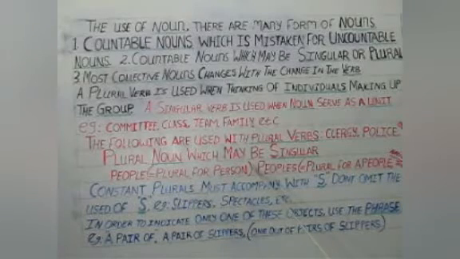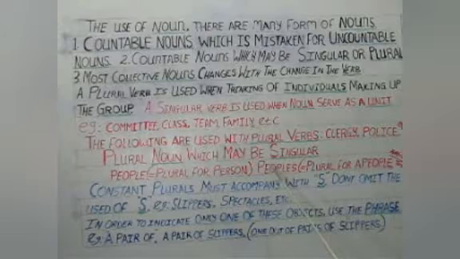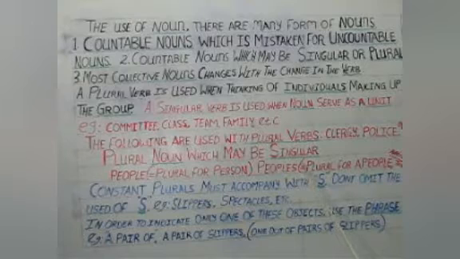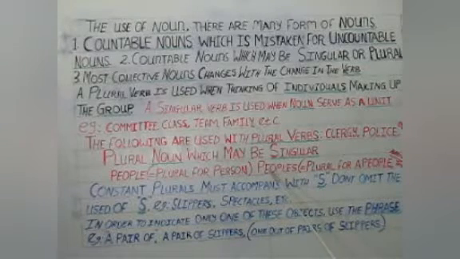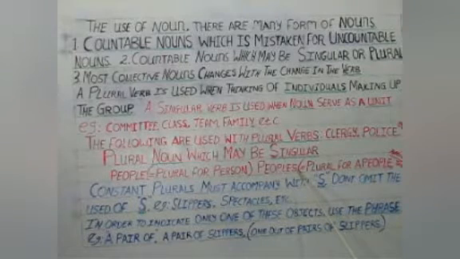For a person, the plural form is people. And the word peoples, that is the word people with s attached to the end, is the plural for a people.